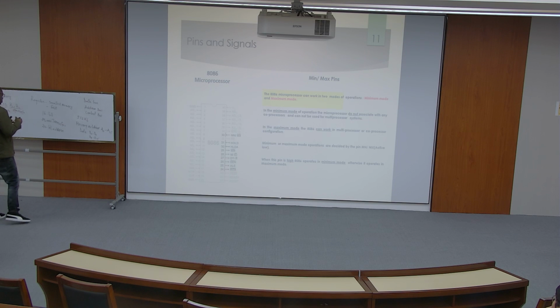Now we have minimum mode, min mode, which means it has to be in a uniprocessor setting. And we have maximum mode, to indicate that our microprocessor can work with multiprocessors or coprocessors.